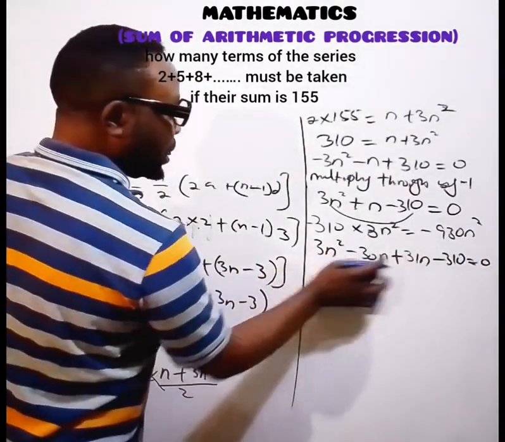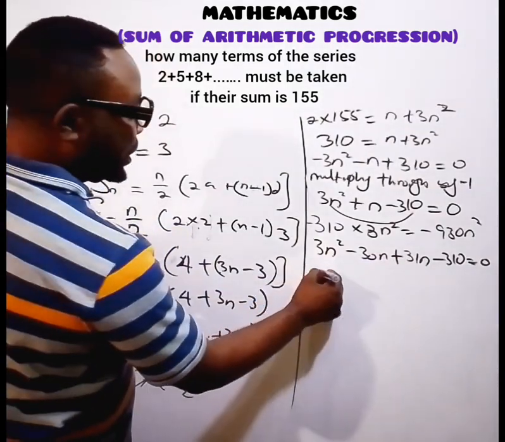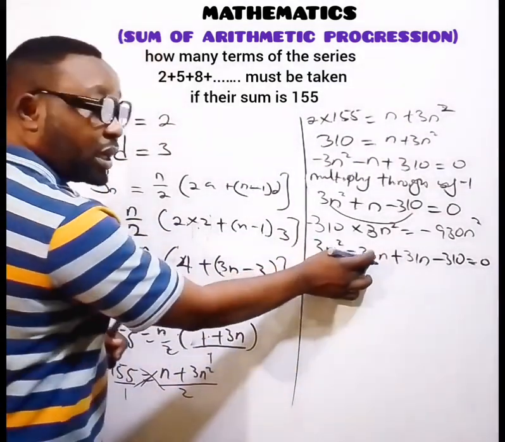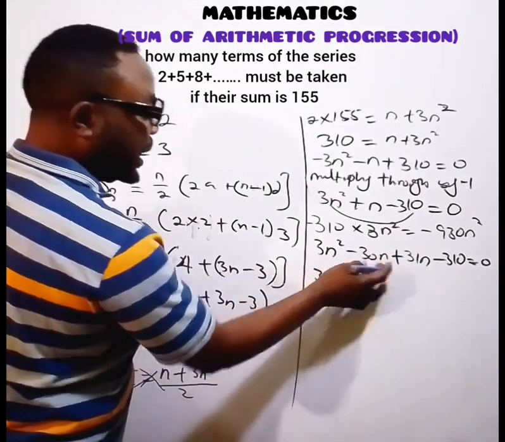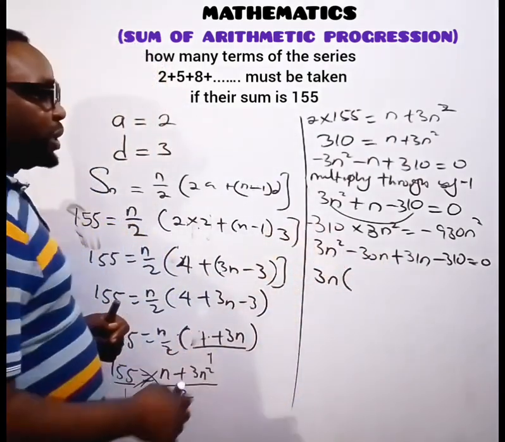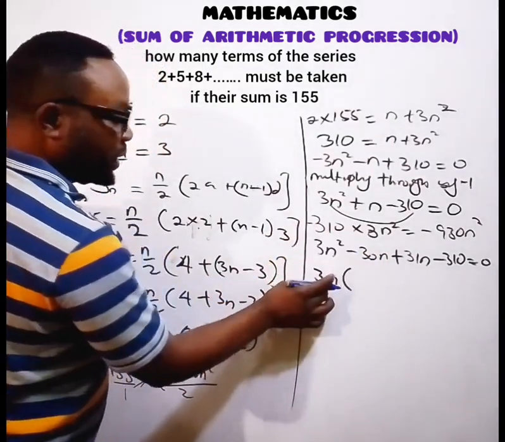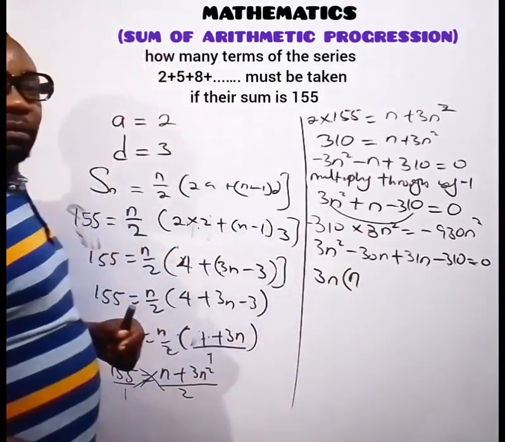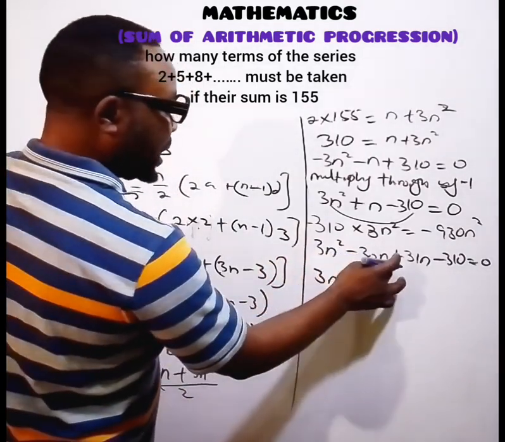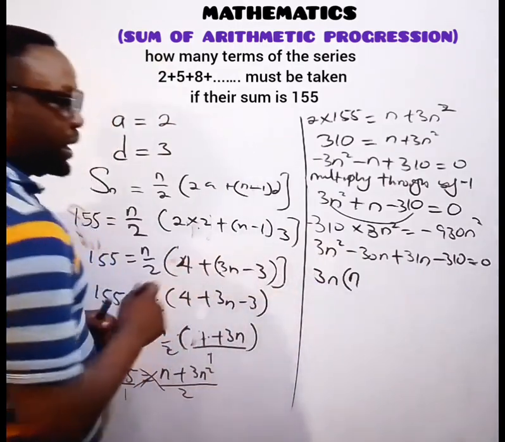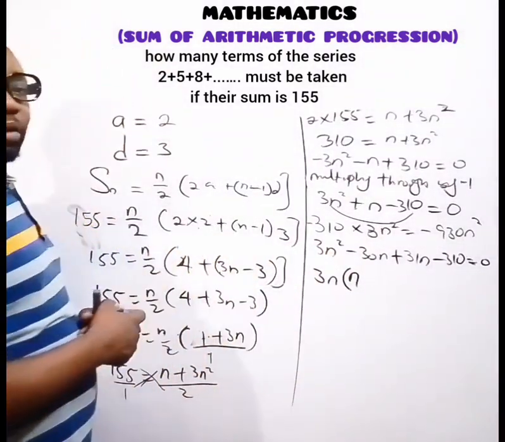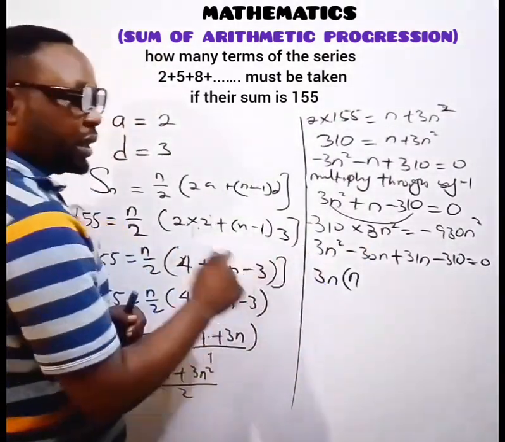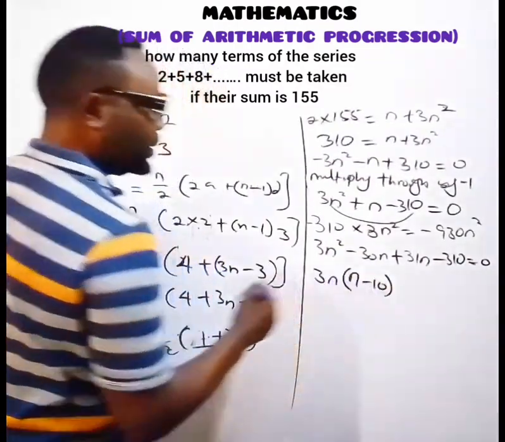So what is the common term within these two terms? 3 can be divided by this, 3 can as well go here. n is here, so 3n into bracket. 3n squared divided by 3n will remain only n. Minus 30n divided by 3n, n will cut n out. 30 divided by 3 will be minus 10.